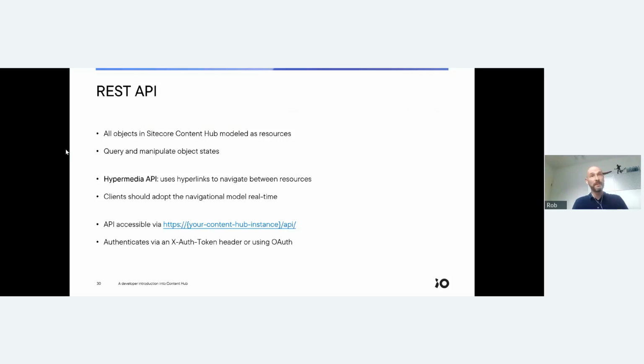It is actually a hypermedia API, so it uses hyperlinks to navigate between the resources, and you can go through the model in real time. It's accessible via /API, and you can authenticate via either a token or using OAuth.